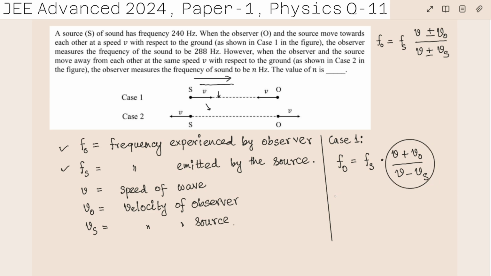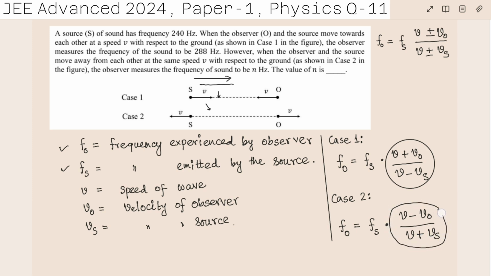And for case 2, f_o is equal to f_s times (v minus v_o) over (v plus v_s).